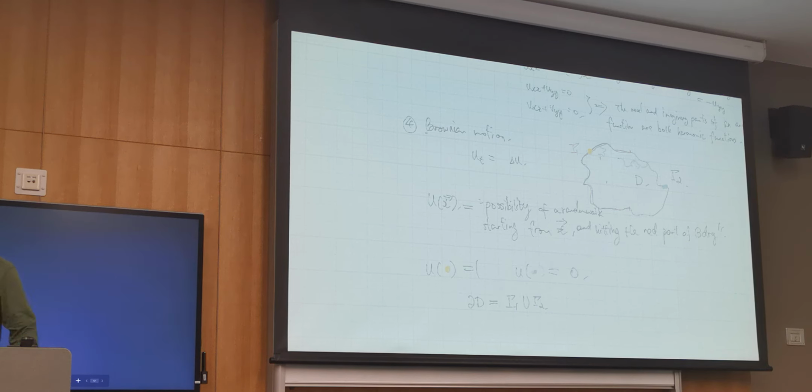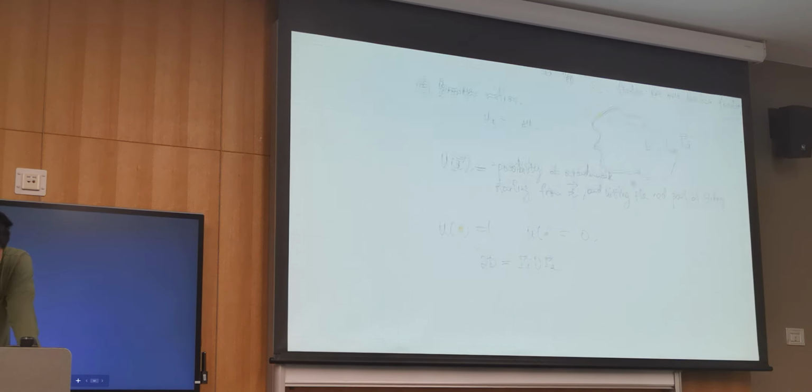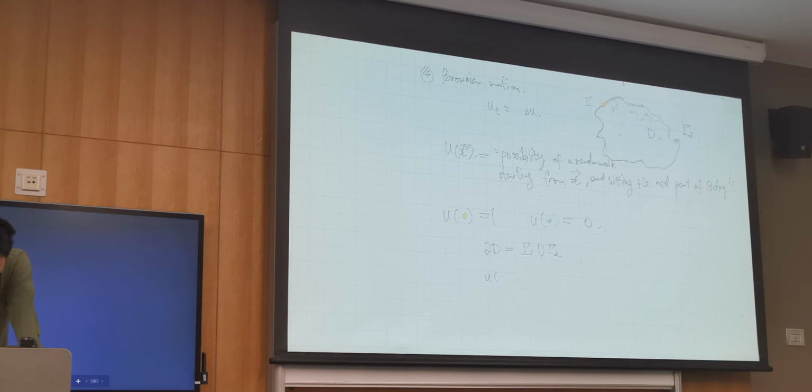And we have that u(x) equals 1 if x belongs to gamma 1, and u(x) equals 0 if x belongs to gamma 2. This is the boundary condition.